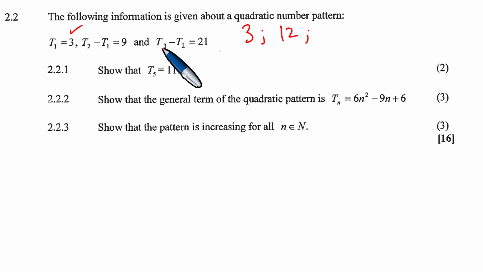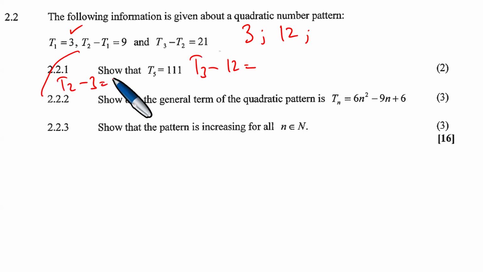And then the third term minus the second term must be 21. In other words, you can say T3 minus T2 is 21. Even here you can do the same: T2 minus T1 is 9, which means T2 is equal to 9 plus 3, 12.